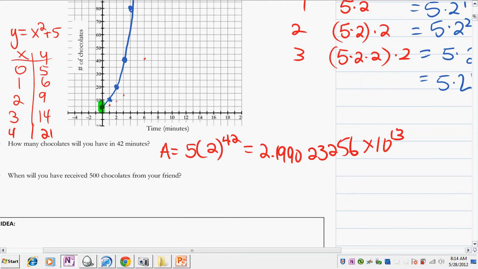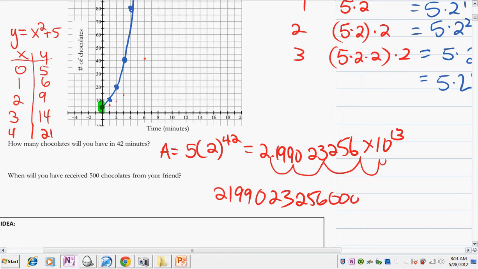If you want to move the decimal, you'd move it 13 times. 6, 9, 12, 13. So 4 more on the end. 21,990,232,560,000. So that would be million, billion, trillion, 21.99 trillion chocolates. A lot of chocolates.